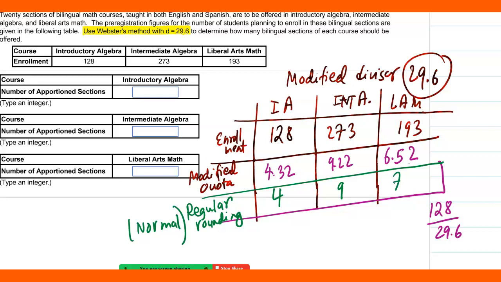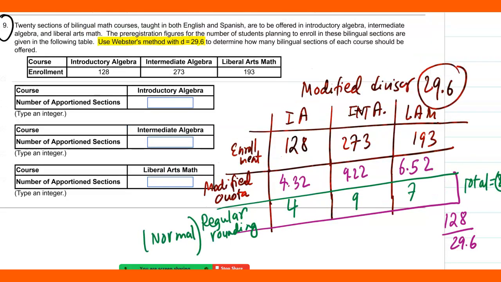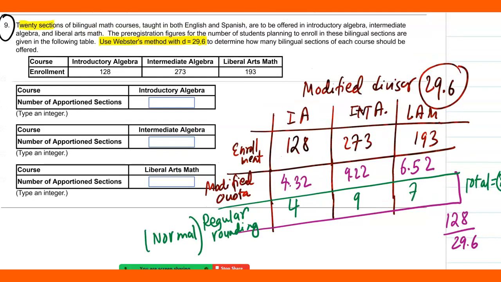Okay. Now, if you add these numbers, what's the total going to be? 4 plus 9 plus 7, total 20. That's what it is. 20 sections. Therefore, you see the question here. Each section that is offered: for introductory algebra, 4 sections are offered.